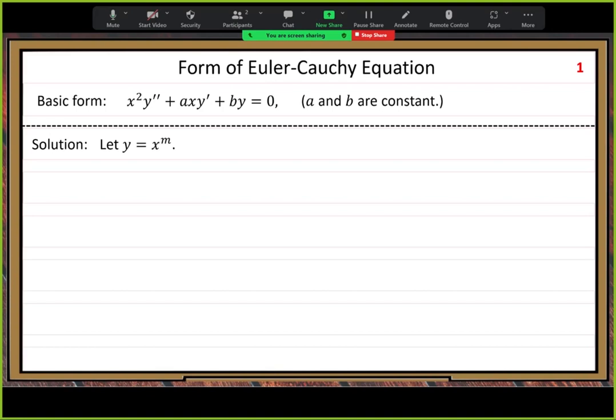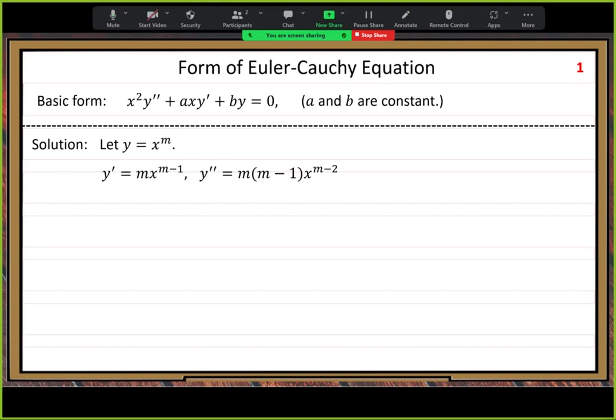We can guess that Euler and Cauchy both discovered this substitution. Then you take the first derivative and second derivative. It's easy, right? By the power rule of derivative. Now you understand why the substitution is important.